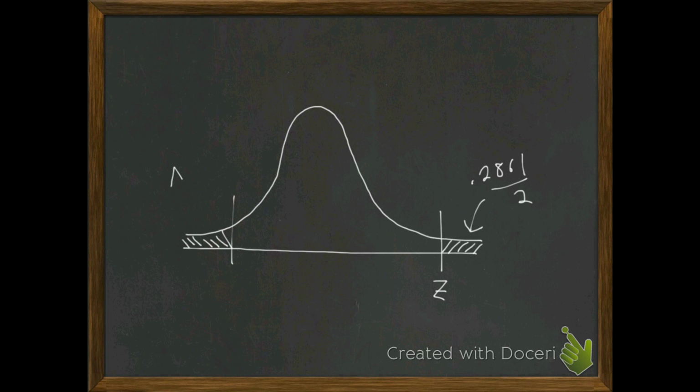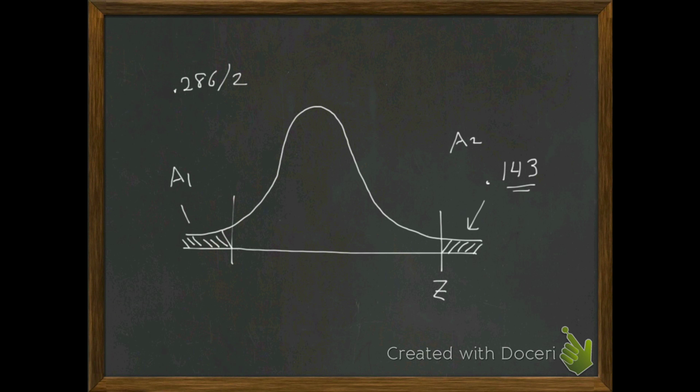This area here, let's call that A1, and this area here, the sum of those added up to 0.2861. But it's much easier if I just take half of that and say that I have 0.143 in each tail.